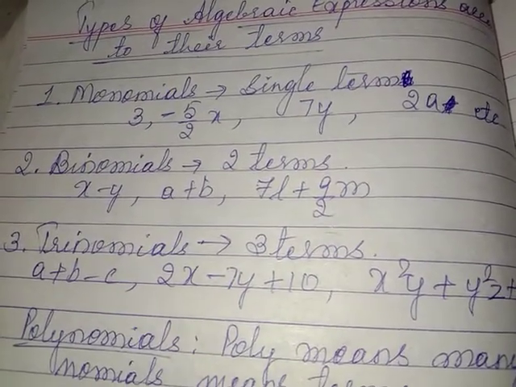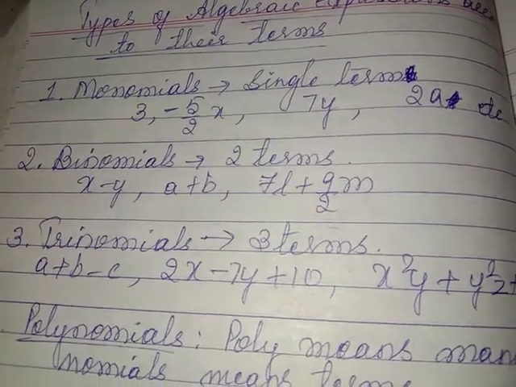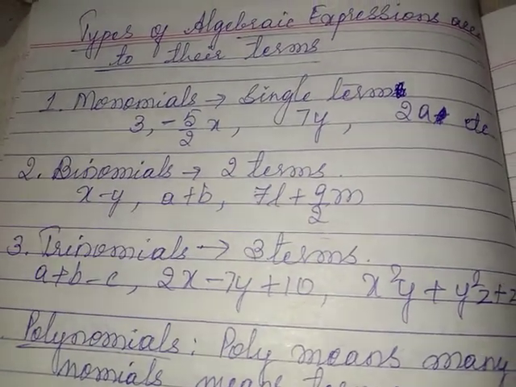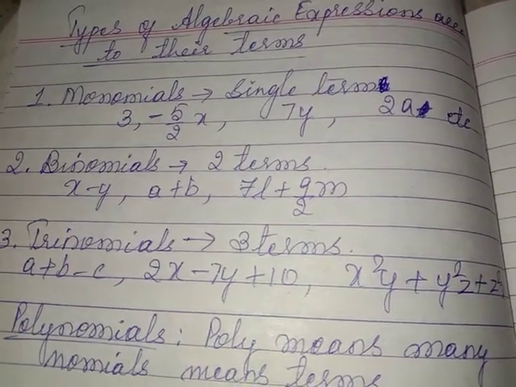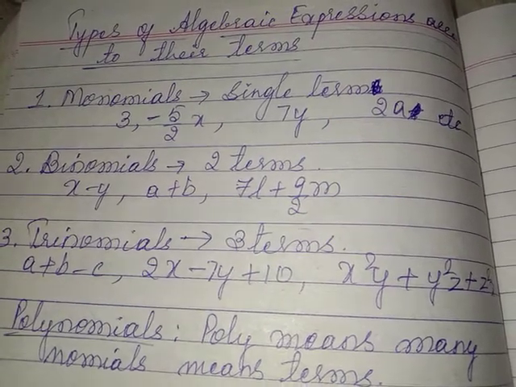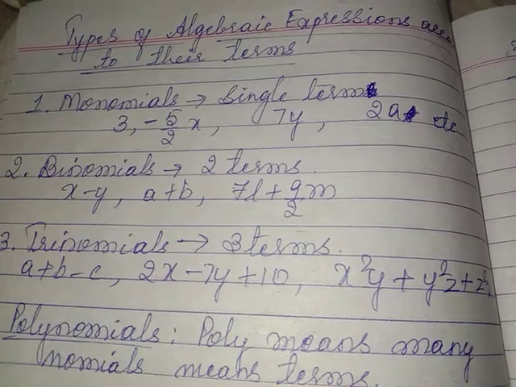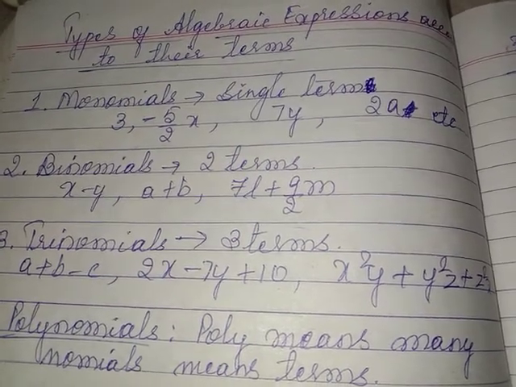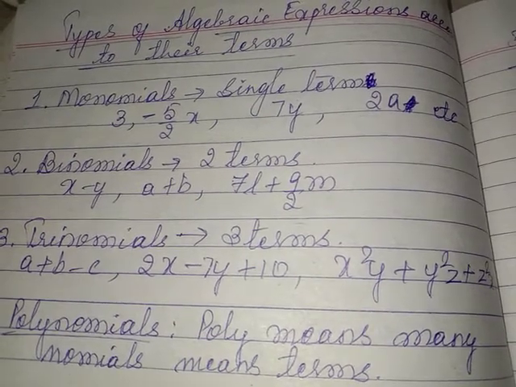The next comes binomials. An algebraic expression having two terms is called a binomial. In this, I have given three examples: x minus y, a plus b, 7l plus 9 by 2m.